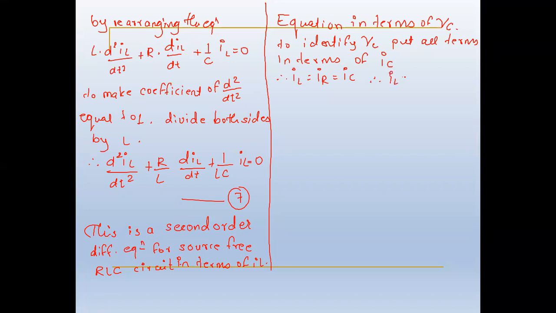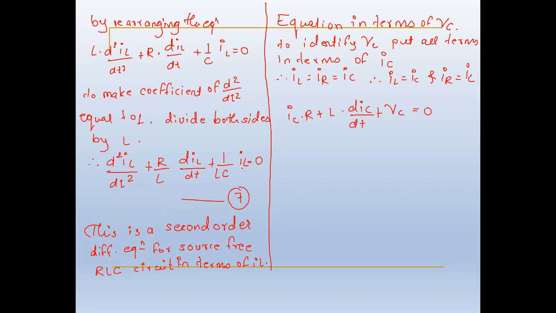Therefore, IL is equal to IC and IR is equal to IC again. So let us put the voltage across the capacitor and your equation will be IC into R plus L into dIC by dt plus VC is equal to 0.